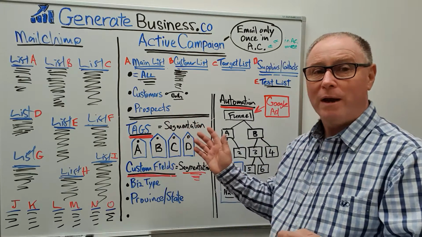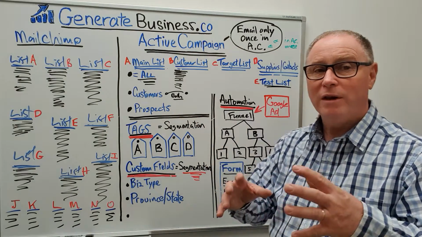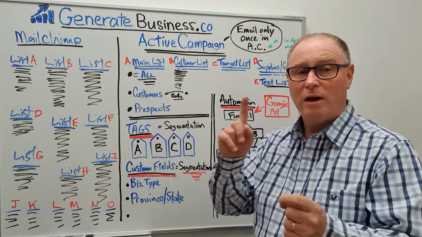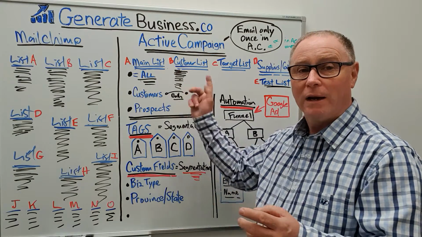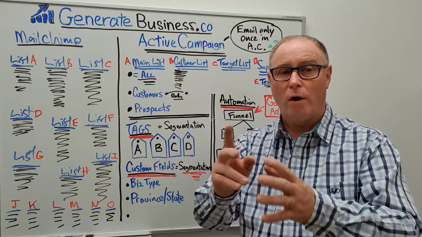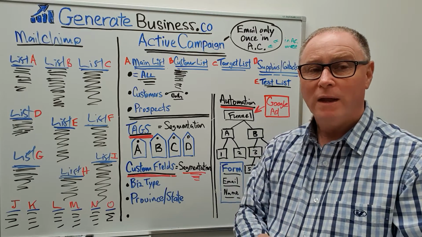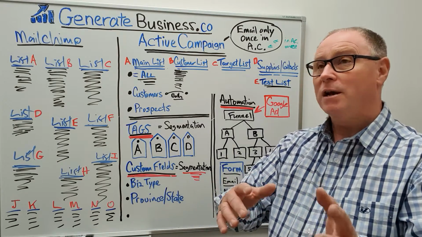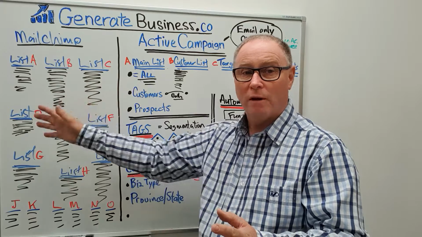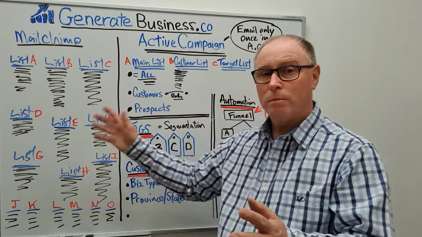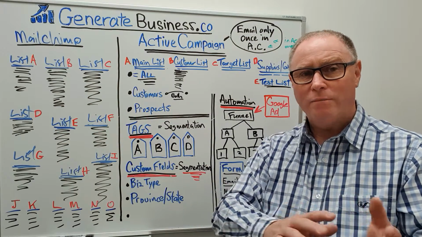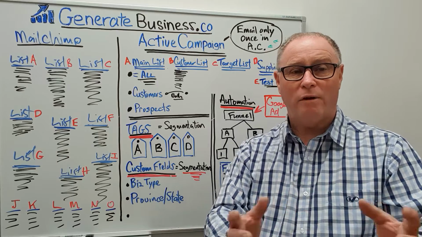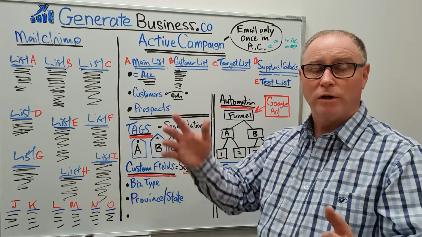With ActiveCampaign, everyone is within the account only once. You might be on a couple of lists, but you're only paying once for that contact. To counter the lots of lists from Mailchimp, say you're using a CRM or some accounting software that's not integrated.